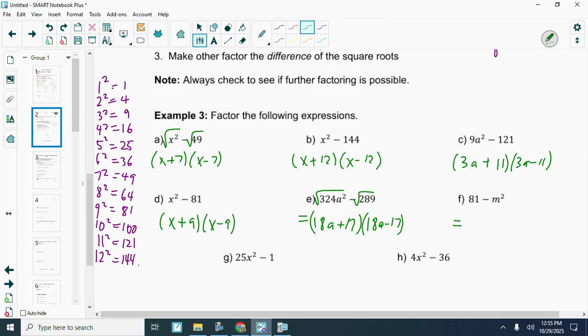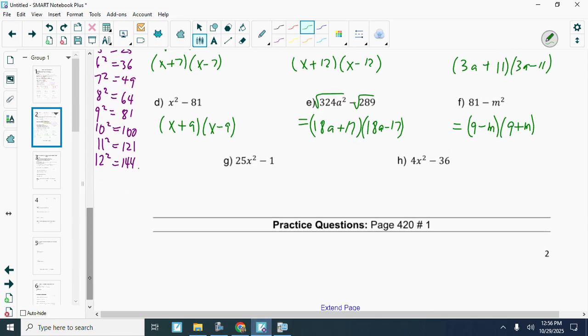Okay, this one, they just kind of flip them. Usually we put numbers first, but that's okay. It's still a perfect square. And then we have 5x plus 1, 5x minus 1. That's going to be an x.